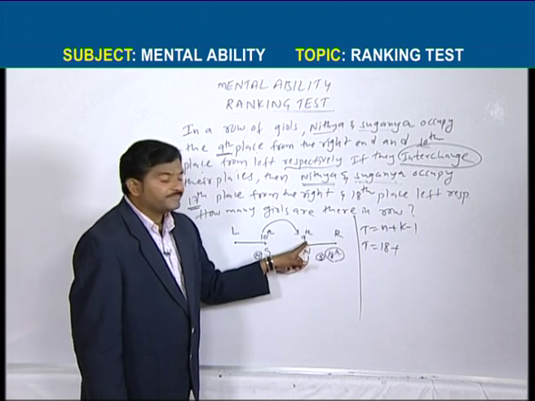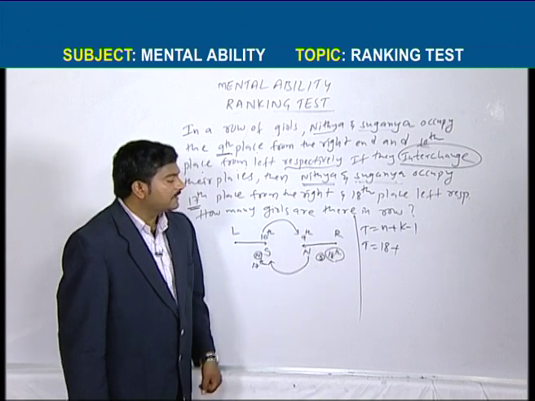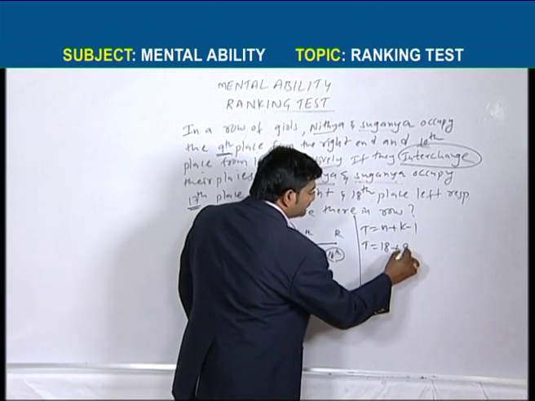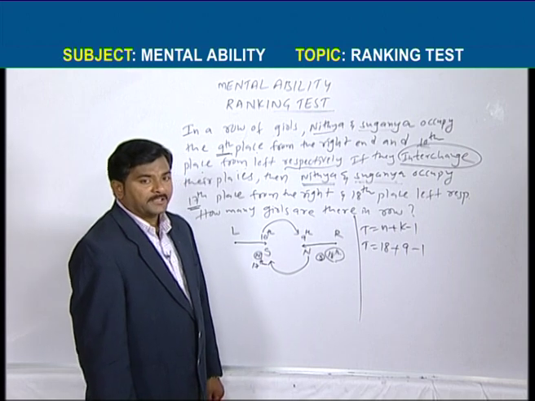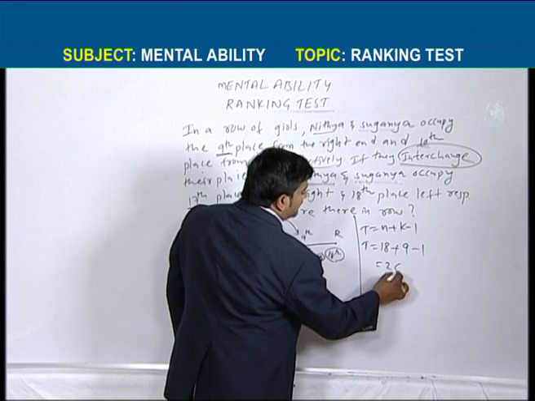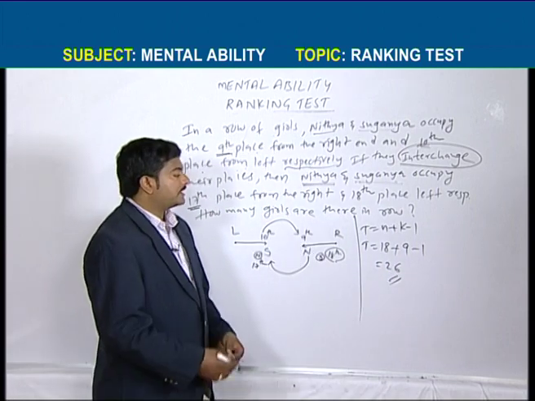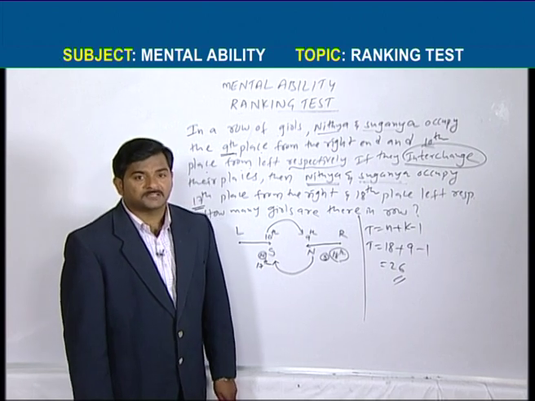Nitya is in 9th place from right, so Suganya is also in 9th position from right. So 18 plus 9 minus 1. 18 plus 9 is 27, 27 minus 1, what am I getting? 26. What does it mean? There are 26 girls in that row.